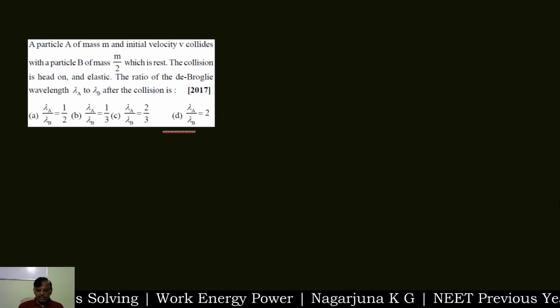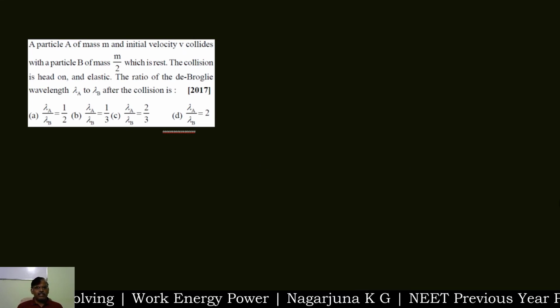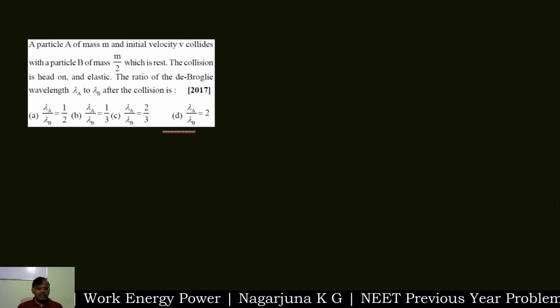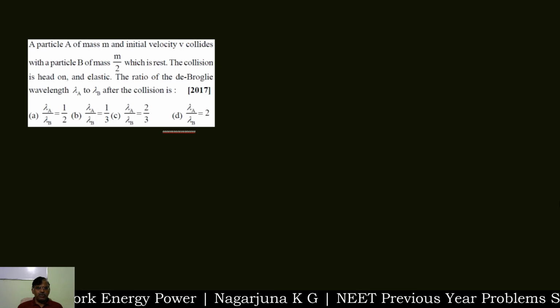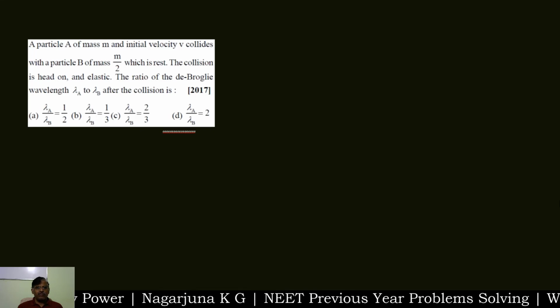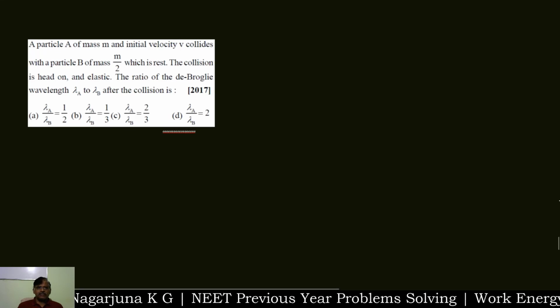A particle A of mass m and initial velocity v collides with a particle B of mass m by 2, which is at rest. The collision is head-on and elastic. The ratio of the de Broglie wavelengths lambda A to lambda B after the collision is?